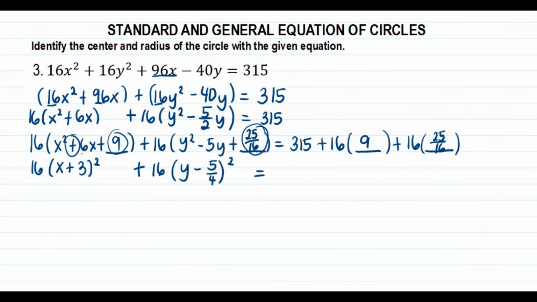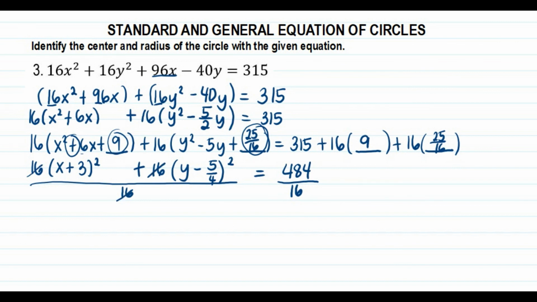So we will add all of this. So, for convenience, pwede nyo isolve sa calculator. So, this will be 484. Since it's 484, now we can divide both sides by 16. Then, after dividing by 16, maka-cancel out na sila.